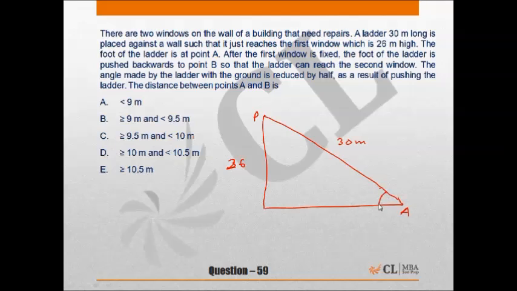It means if this angle is theta, then the ladder is pushed in such a manner that the angle now made by the ladder with the ground is theta by 2, and this point is Q, which is the second window, and suppose the foot of the wall is O.